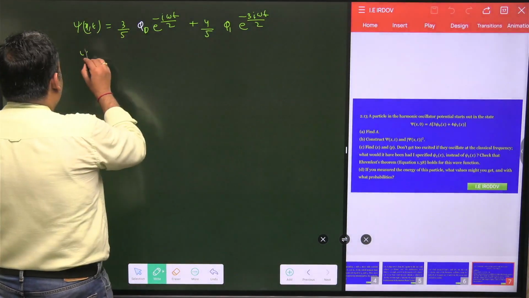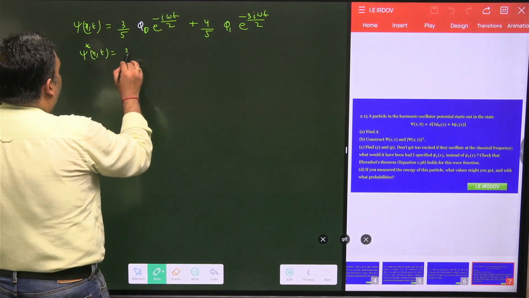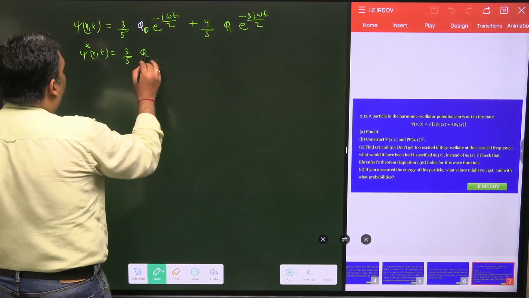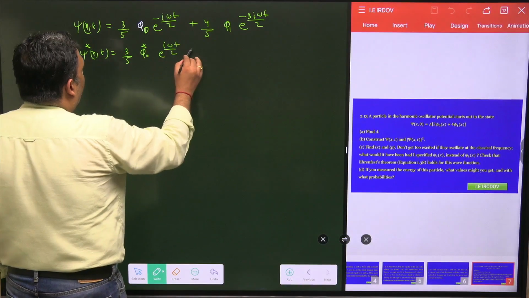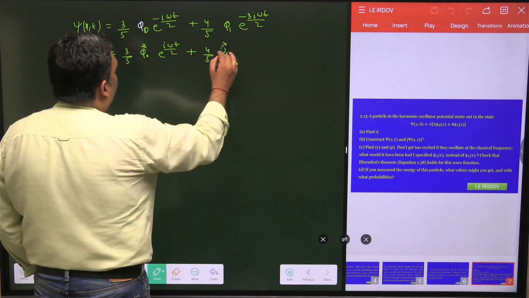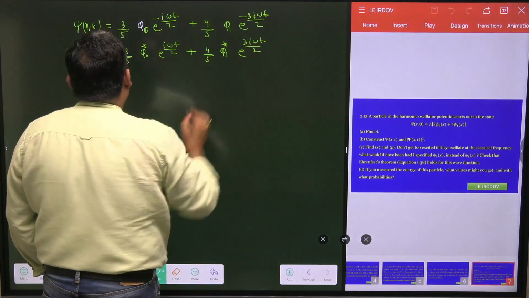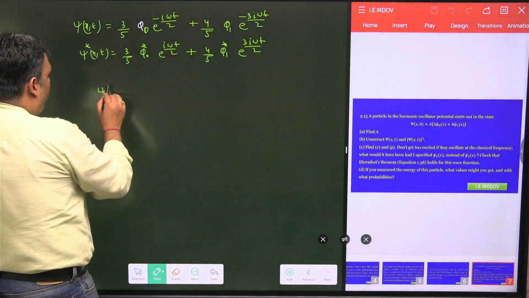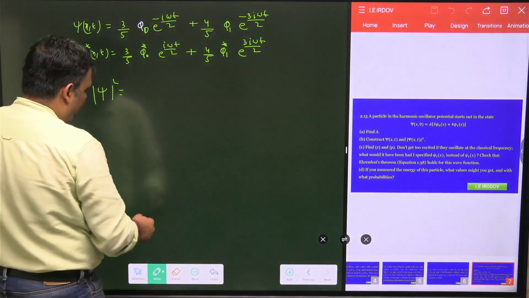And what will be my psi star(x,t)? That means 3 upon 5 phi 0 star e to the power i omega t by 2, plus 4 upon 5 phi 1 star e to the power 3 i omega t upon 2. And what will be your mod psi squared, that is, mod psi(x,t) squared?